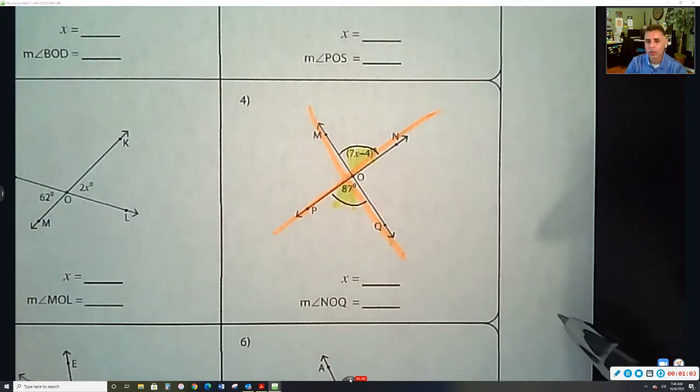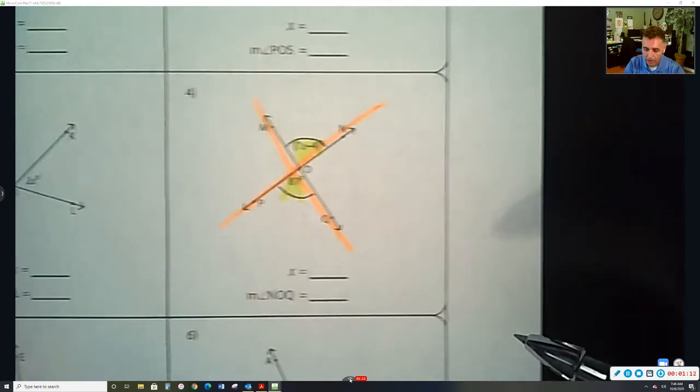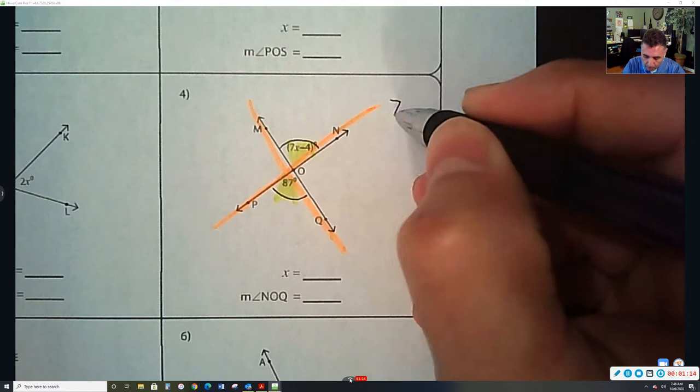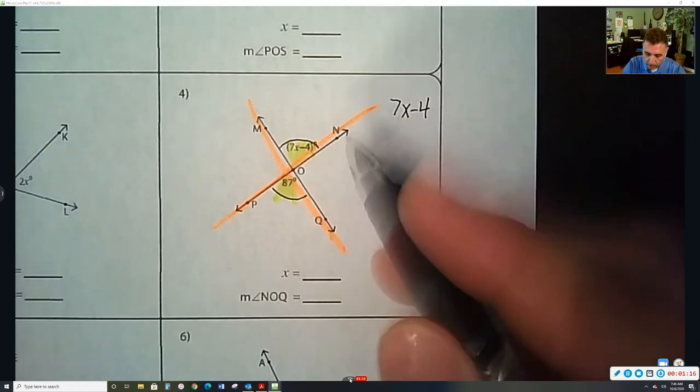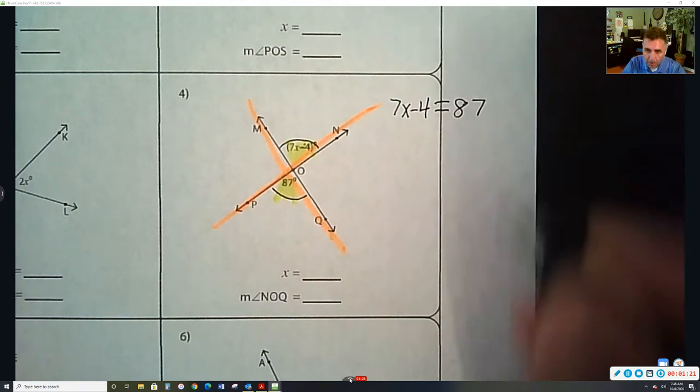And it's helpful to be able to identify that they're vertical angles because we know vertical angles are congruent.